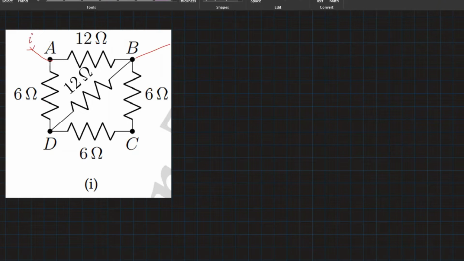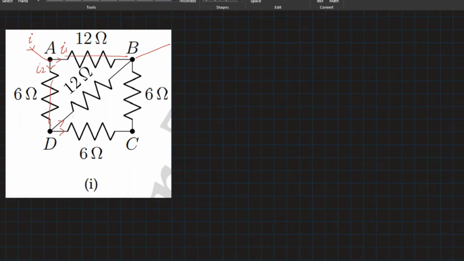We take current I entering A, that will get divided into I1 and I2. The current I1 flows straight through 12 ohm resistor and reaches point B. For I2, the current reaches here, and that current has to then branch into 2.